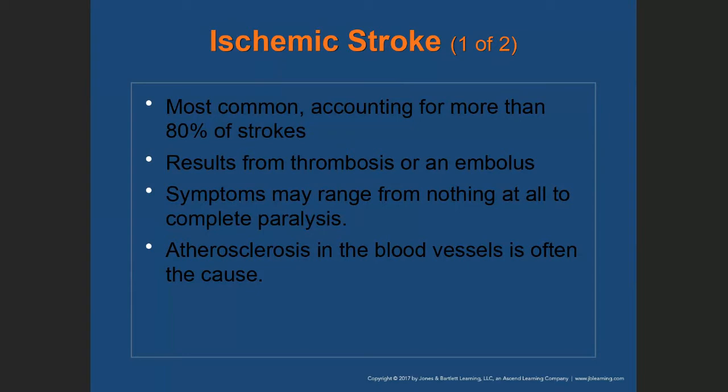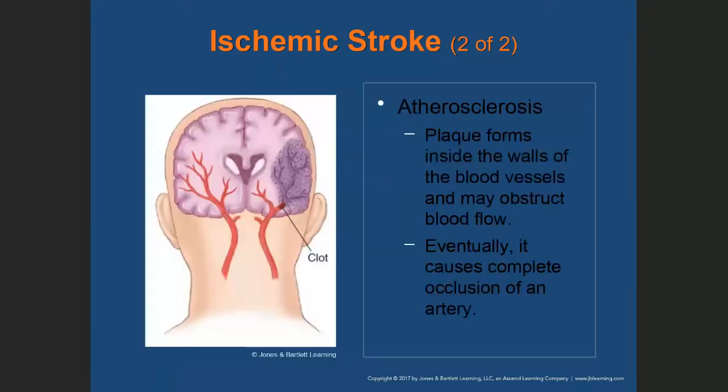Over time, the increase in blood flow is going to tear off a piece of that plaque, and then it occludes the cerebral artery, and the patient gets a stroke, an ischemic stroke. So atherosclerosis: plaque forms inside the walls of the blood vessel and may obstruct blood flow. Eventually, it causes complete occlusion of an artery.